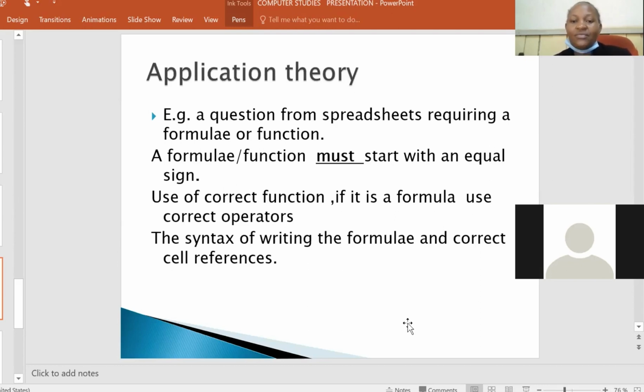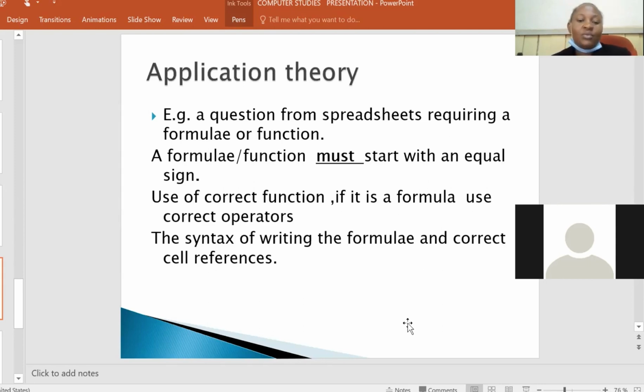On the same note, if a formula, now we are away from function, remember functions are the inbuilt mathematical formulas that are used to perform a calculation. And again, you can use a formula that is defined by you, whereby you will use cell references and operators. Use the correct operators and also use the correct cell references.